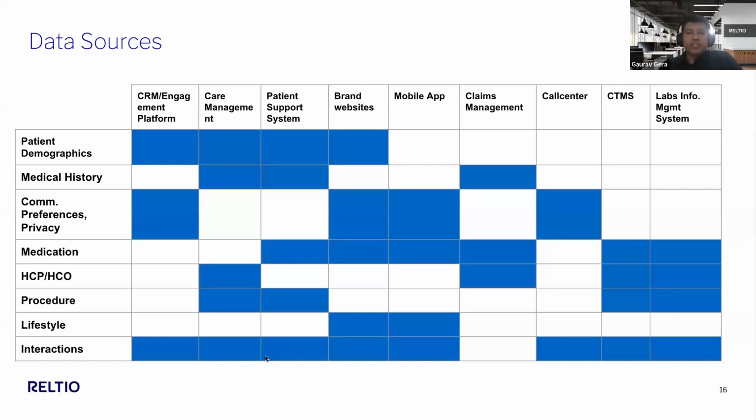Interactions are critical information if you are trying to solve patient 360 use cases, right? So different information around the episode of care, or any interactions that a patient might have with their physicians, with pharmacies, or even with you directly, becomes critical information for those patient 360 use cases, right?